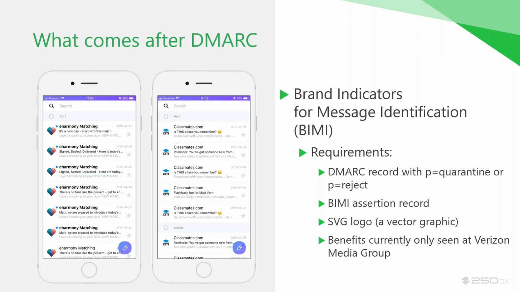So there are a number of other things that will come in the future as BIMI evolves, but if you take the effort to get through and implement DMARC, add a quarantine or a reject policy, you can see that there will then be some visual benefit to consumers that are looking at your messages in regards to how they interact with your brand and your organization.